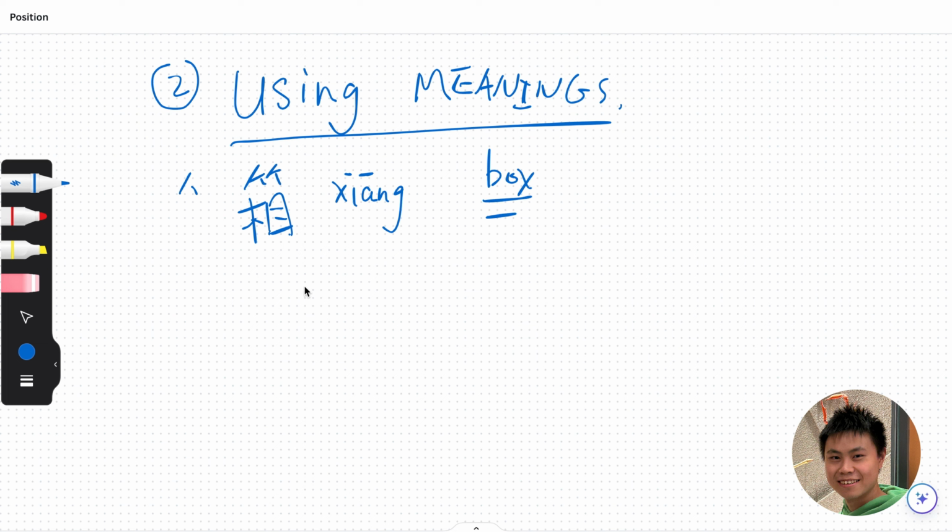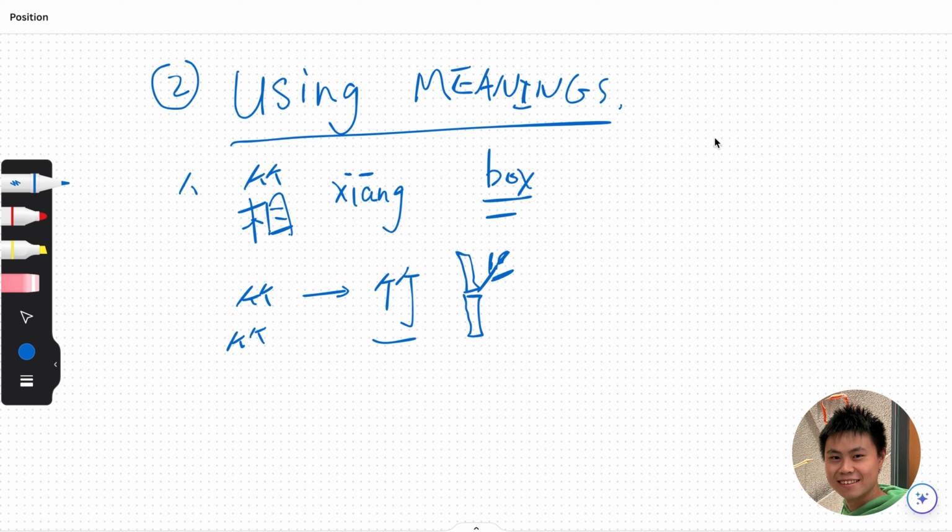First, identify its radical part. This came from bamboo. Okay, that's bamboo. Panda likes to eat bamboo. So when bamboo became a radical part, it's written like this. Box.